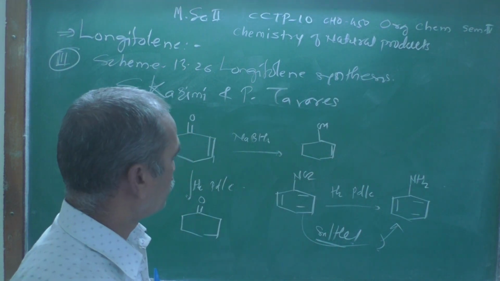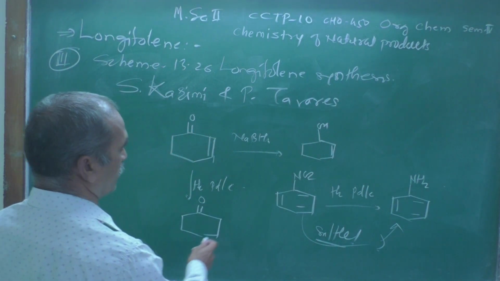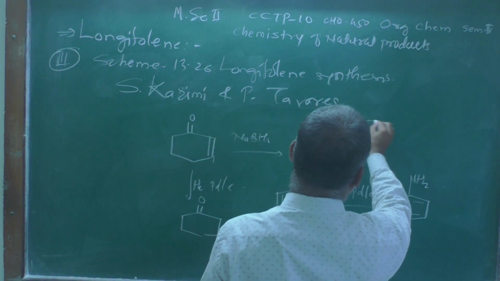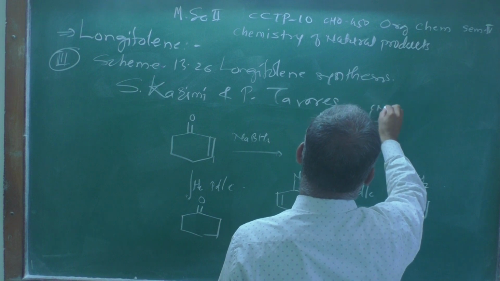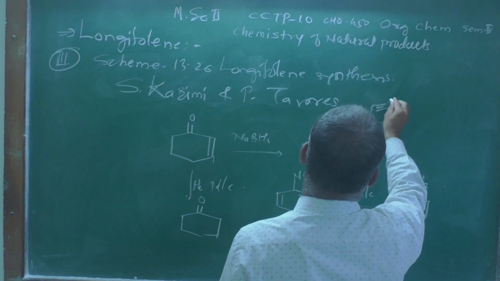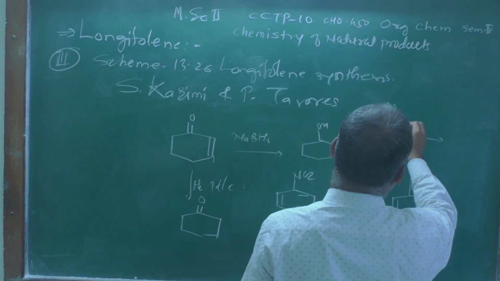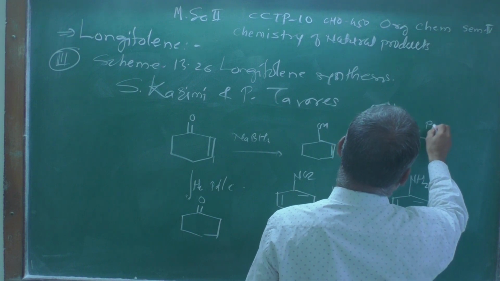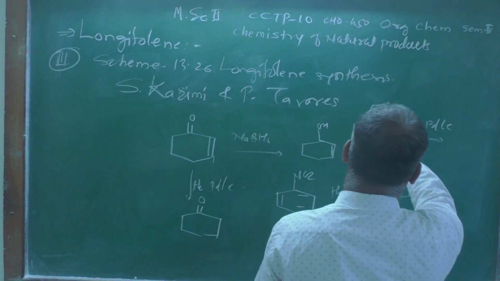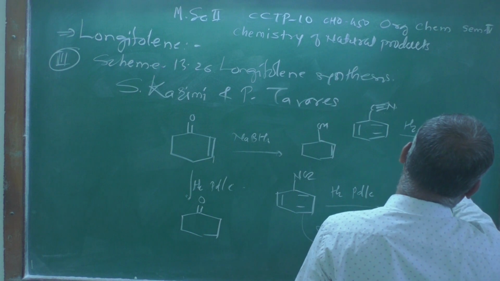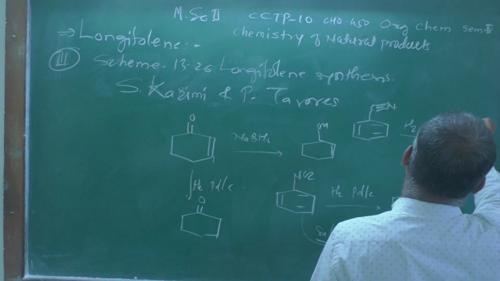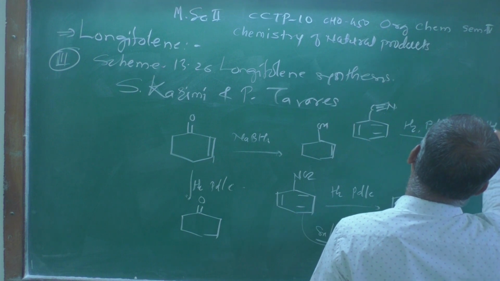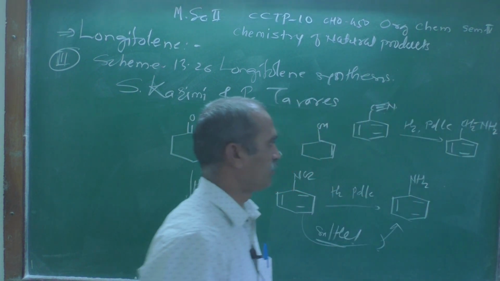Suppose cyanide groups are there, suppose you have cyanobenzene as the starting material, C triple bond N, and the reagent H2, palladium charcoal. You are going to get the compound with CH2, benzylamine.